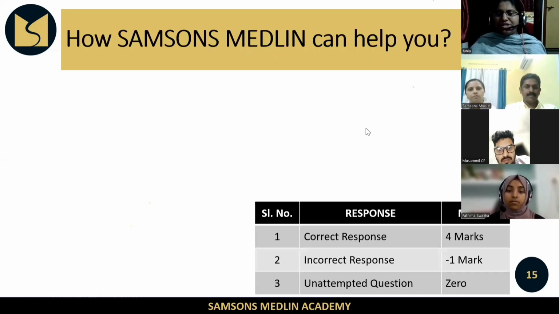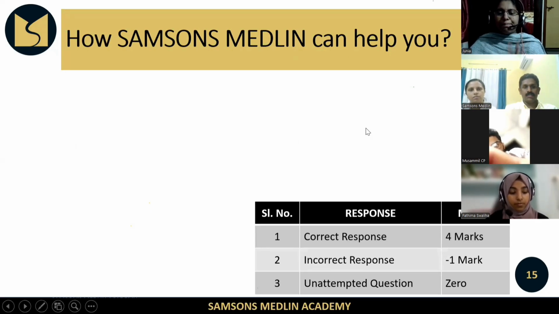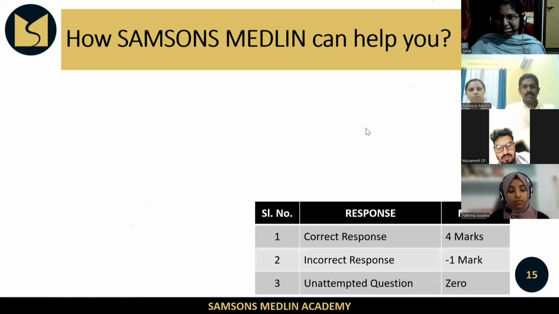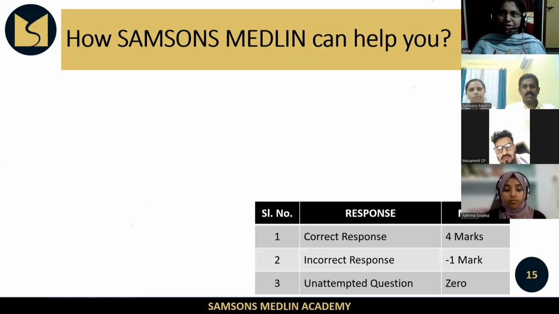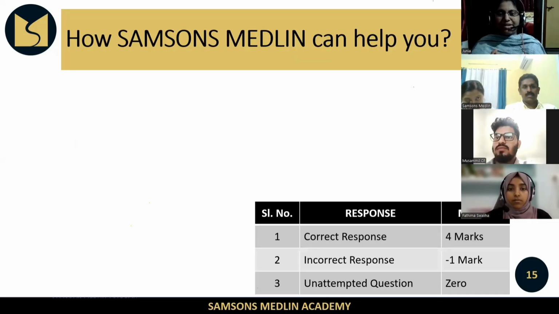Okay, so just now we have seen the marking scheme, right? For a correct answer, you will get 4 marks. There will be minus 1 for an incorrect answer. So the most important thing is to read and understand the question. That is very important. Okay. Some of the questions can be very straightforward, like which of the below is the drug given for gout, or which of the following drugs is given in the case of glaucoma.